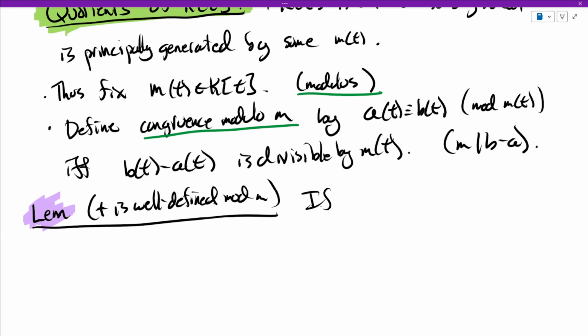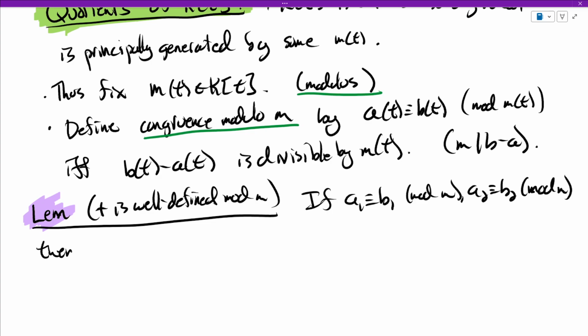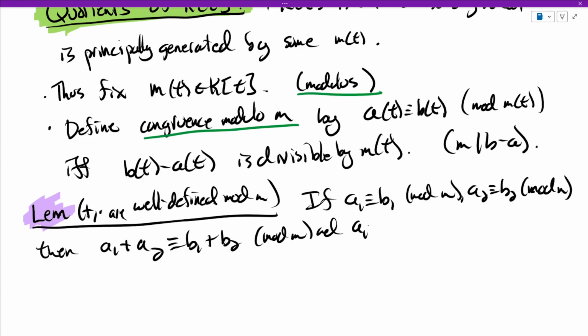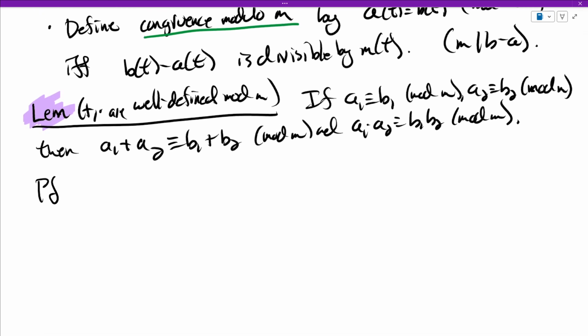That means that if a1 is congruent to b1 mod m, and a2 is congruent to b2 mod m, then, addition and multiplication are well defined, so a1 plus a2 is congruent to b1 plus b2 mod m, and a1 times a2 is congruent to b1 times b2 mod m. Cool, great, fantastic.